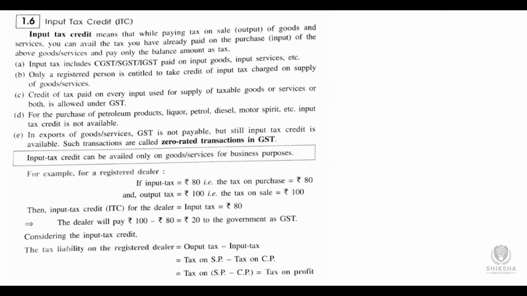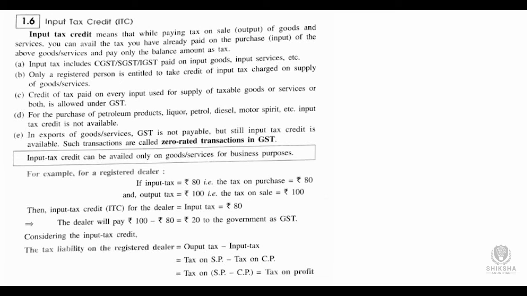Now let us understand what goods are. We have understood all these things. Then let us clarify this by understanding the meaning of goods. Goods means every kind of movable thing or property. You can also say it as products. Anything which can be taken from one place to another. Goods do not include money, securities, shares, stocks, bonds, because they cannot be taken from one form to another.